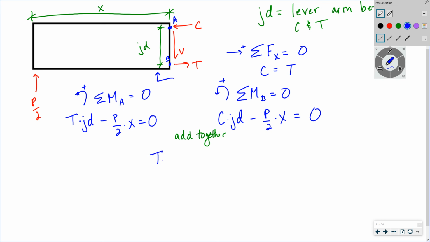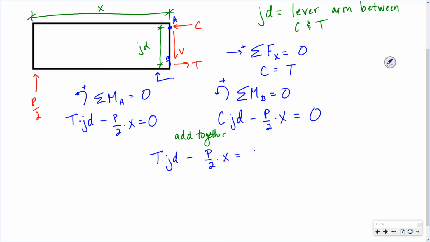T times JD minus P over 2 X, C times JD minus P over 2 times X.